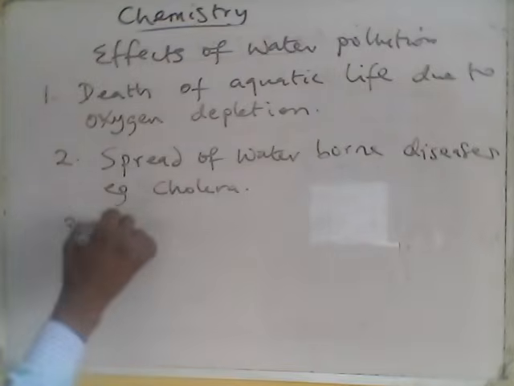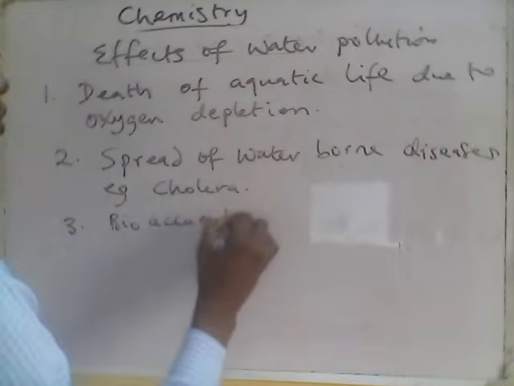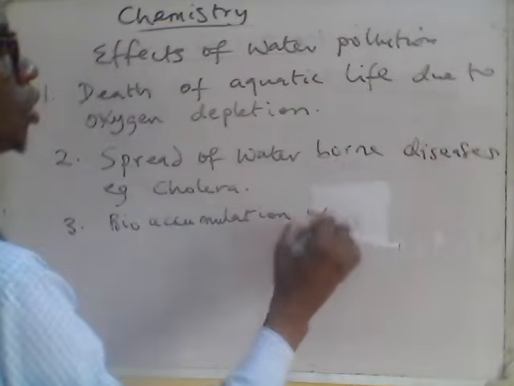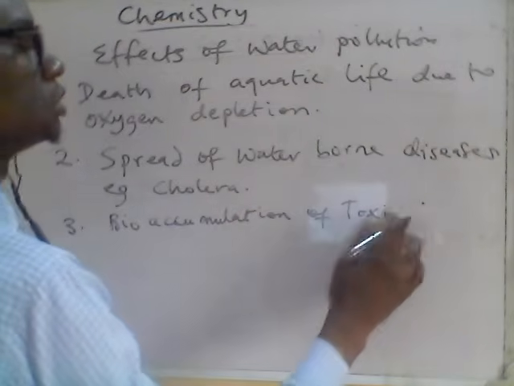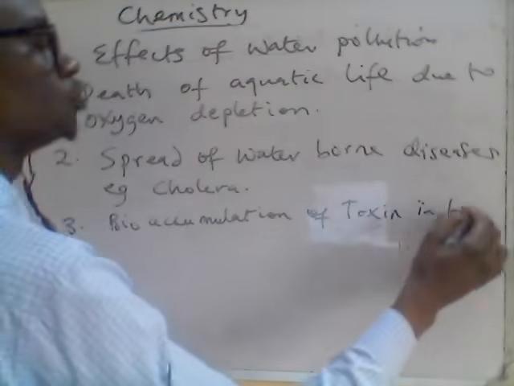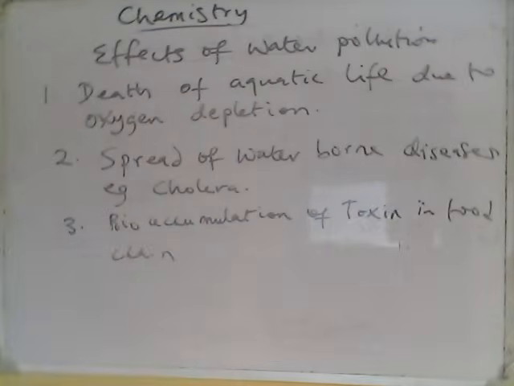Okay, so bioaccumulation. Accumulation of toxins in food chain. Okay, so along the chain of production of food, toxins are accumulated because water is involved in producing food or plants.